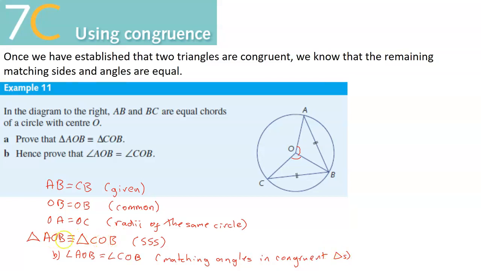If I hadn't written the 4 lines before, I wouldn't be able just to write this statement. It's the proving that the 2 triangles are congruent that helps me prove that these 2 things are equal.